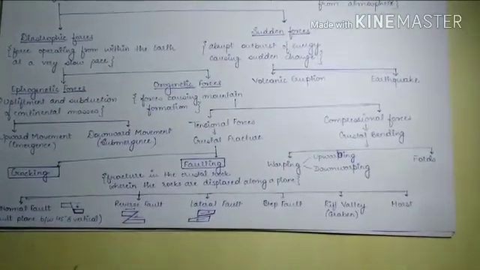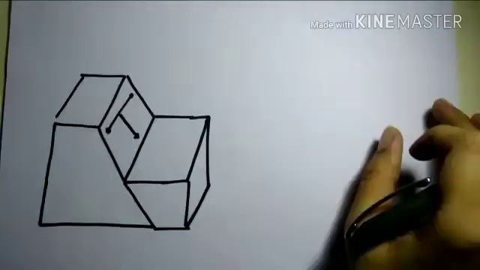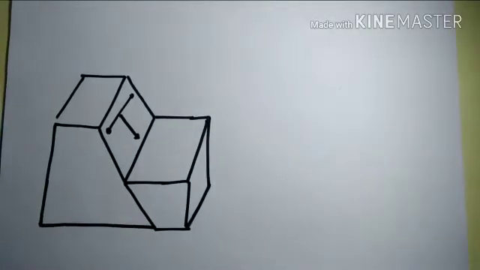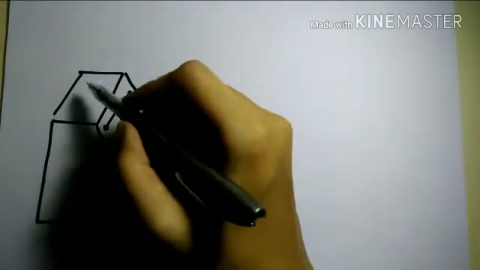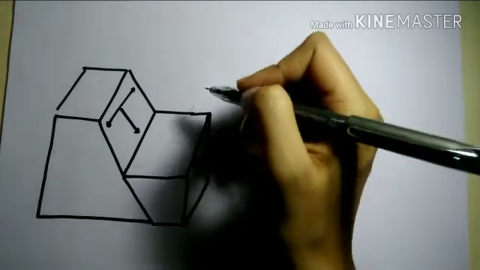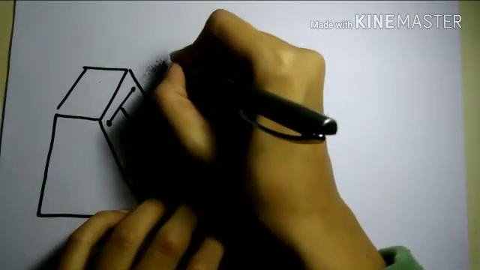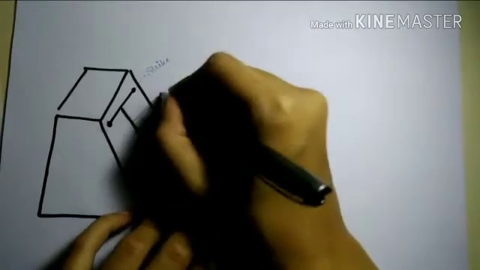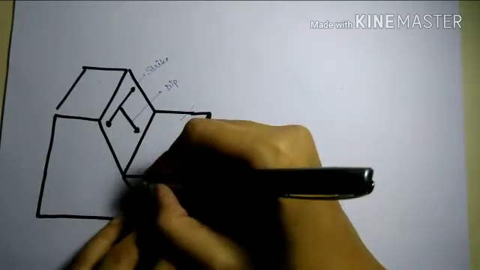In normal fault, I'll show you with the diagram. So this is the basic diagram of faulting. In it we can see two rocks. First is upward block and second is downward block. This is strike and this is dip. And this is hanging wall.